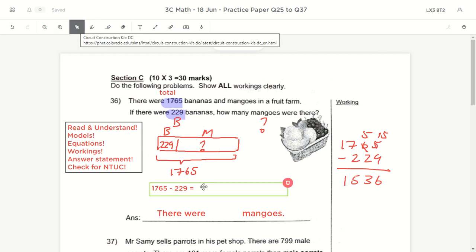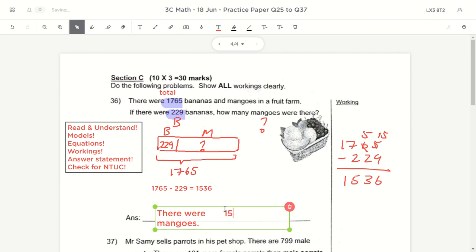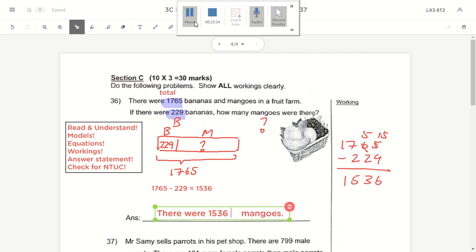So the answer is straightforward, a one step word problem: 1,536. Let's make sure that you can see everything. All right, so question 36 is very simple for the first word problem of the paper.